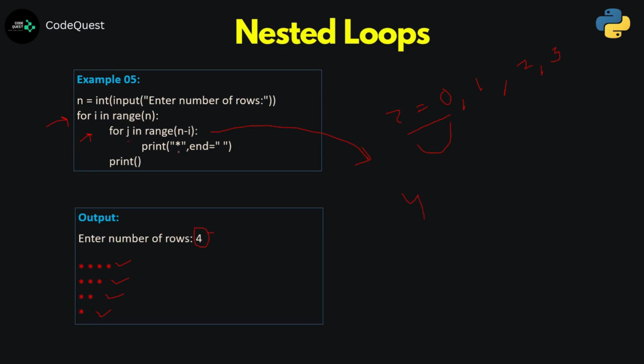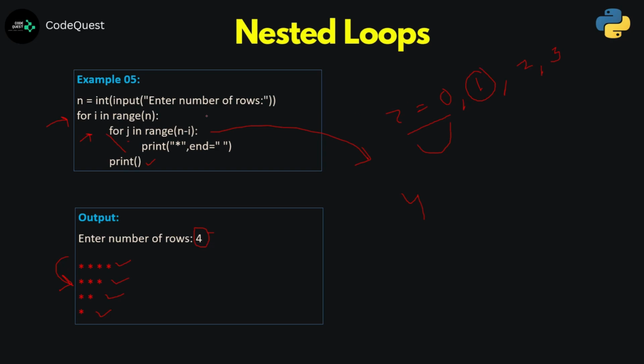As a result of which, I am going to print the asterisk 4 times along with a space ending. That means I'll get these 4 asterisks by the end of this inner for loop for the first time. And by the time this inner loop ends, once again the print function is going to bring the cursor to the new line, or the second row. Now for the next round, the i value has become 1.